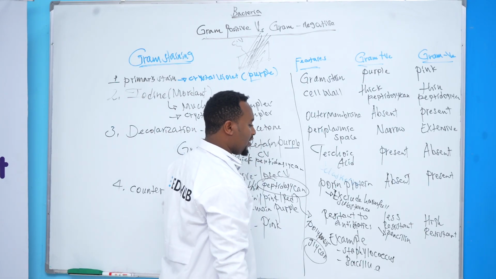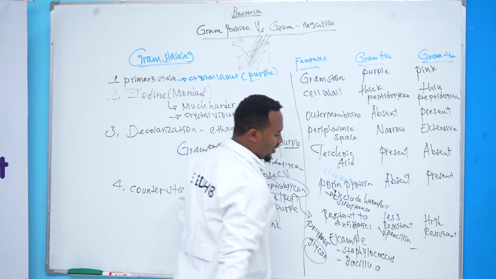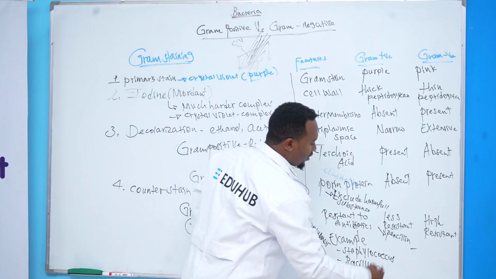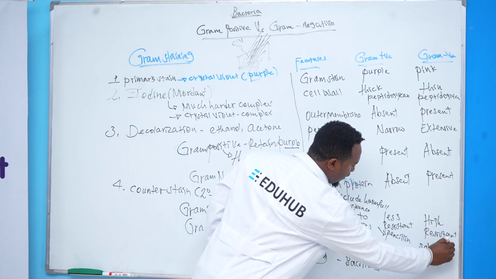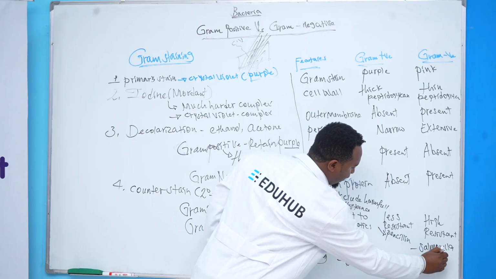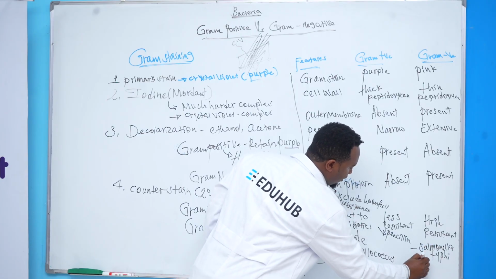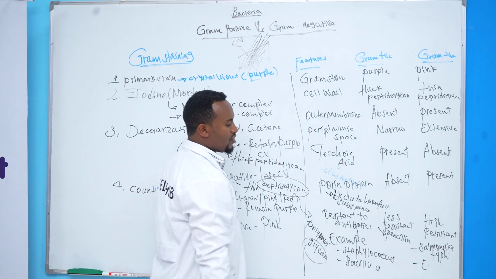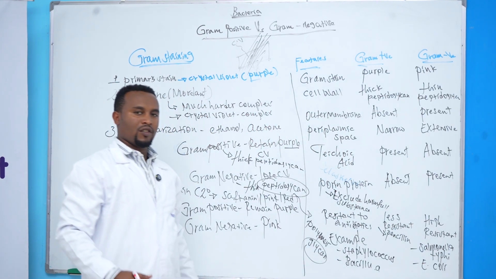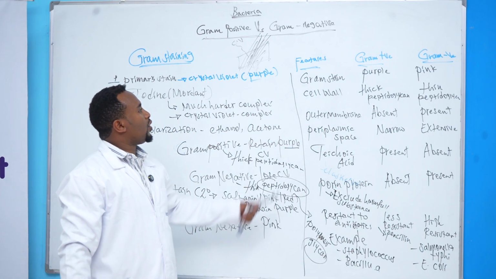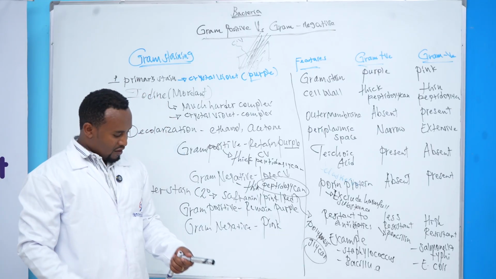And for gram-negative, most of the pathogenic bacteria like the typhoid, Salmonella typhi is an example. You can take Escherichia coli, which is found in the animals, including the human guts. So these are basic differences.